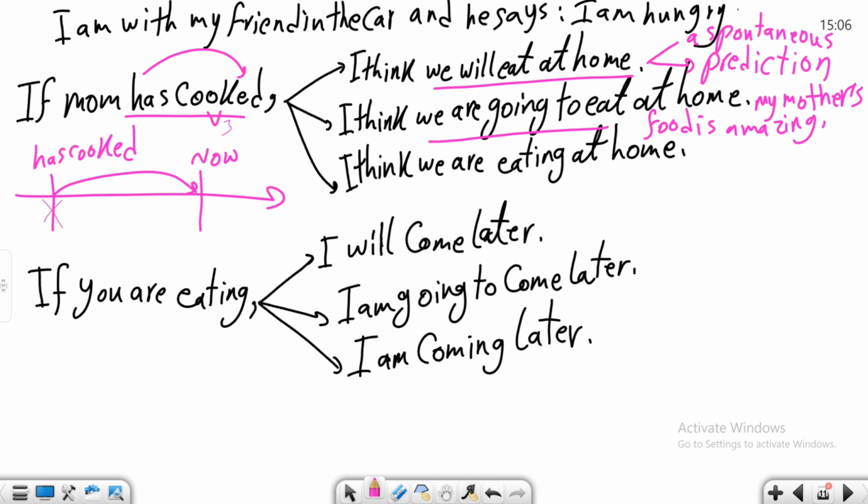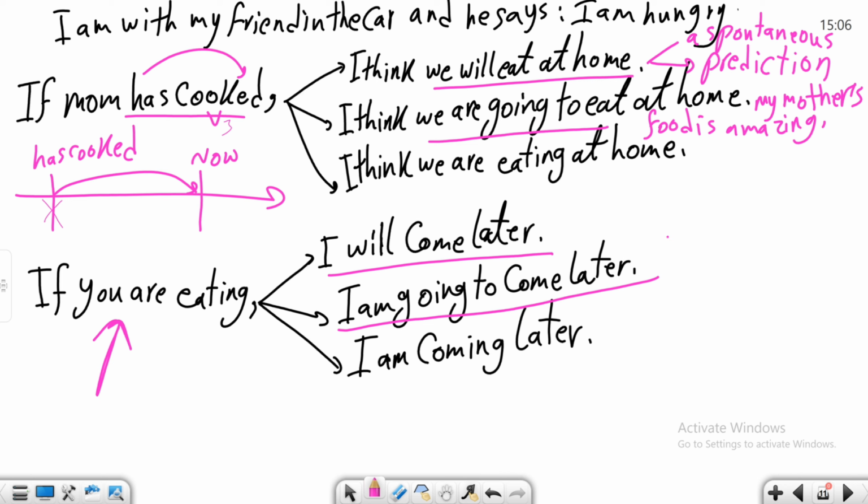I say, okay, if you are eating, even if he doesn't tell me, because it's time for, for example, lunch or dinner. I tell him, okay, I don't know your circumstances, so if you are eating, I will come later.